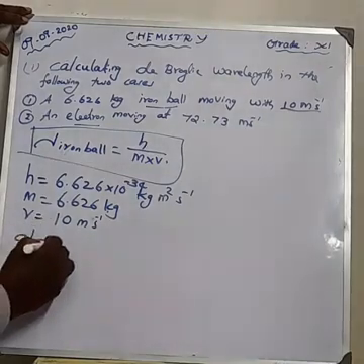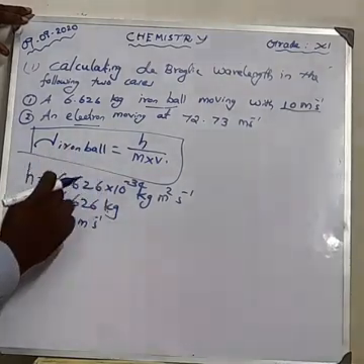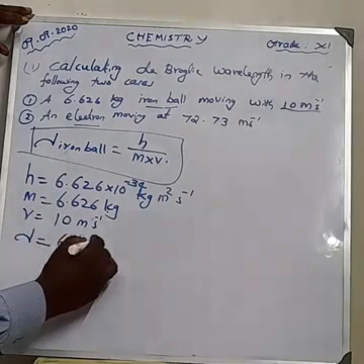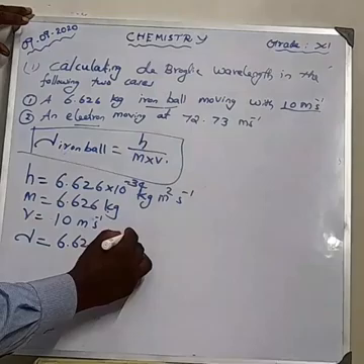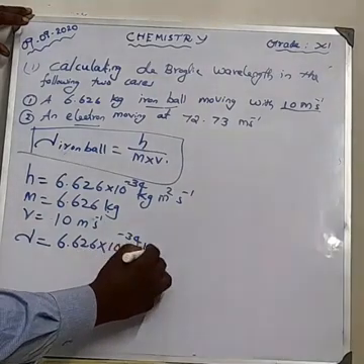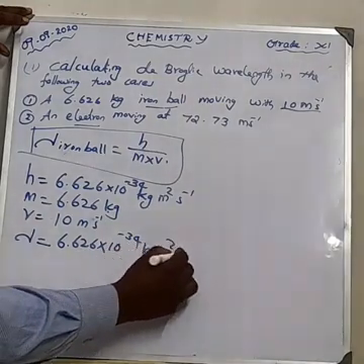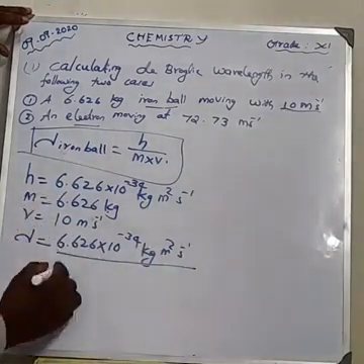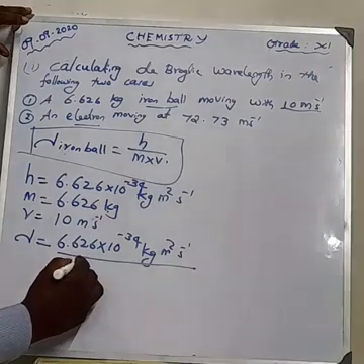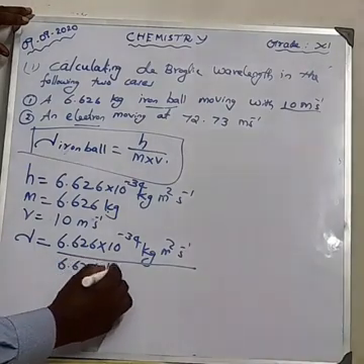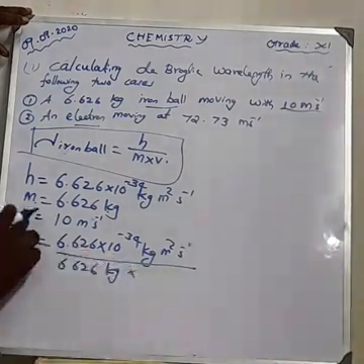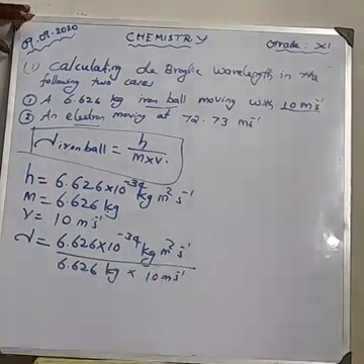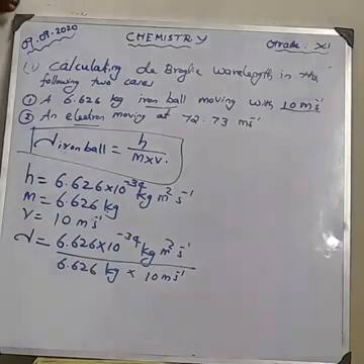Then lambda for iron ball is equal to, you should write the h value, 6.626 into 10 raised to minus 34 kilogram meter square second inverse divided by, what's the value of m? 6.626 kilogram into, what's the value of v? 10 meter per second. Now they can be cancelled.